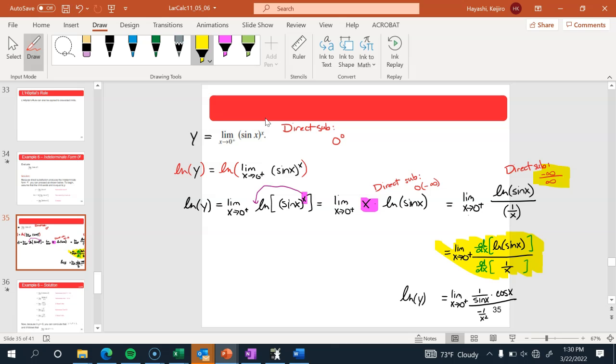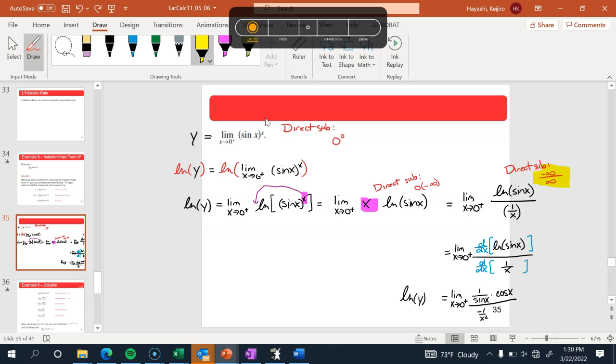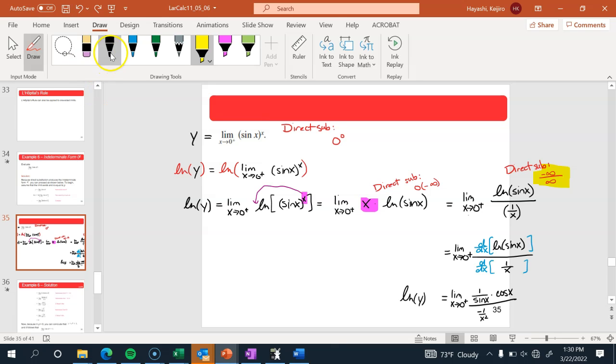You don't actually have to explicitly write that you're taking the derivative of the top and the bottom. You can just do it. So this is the limit as x goes to 0 from the positive side of this right here. Cosine over sine is cotangent.